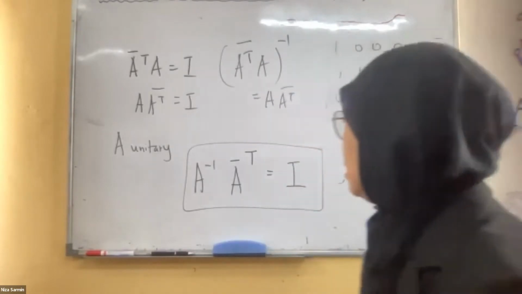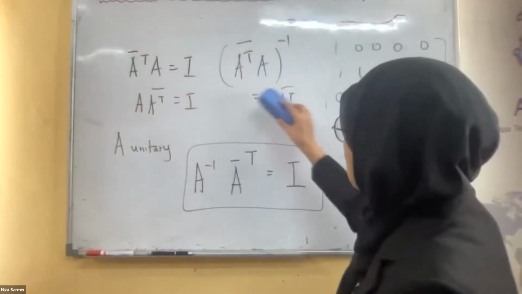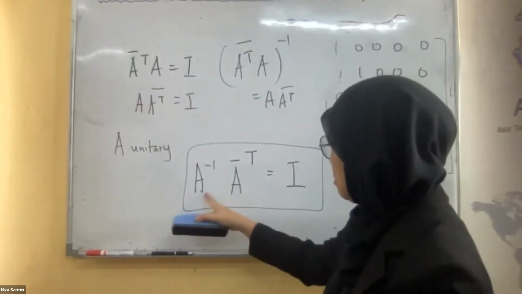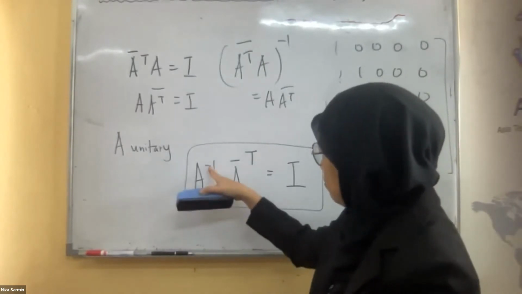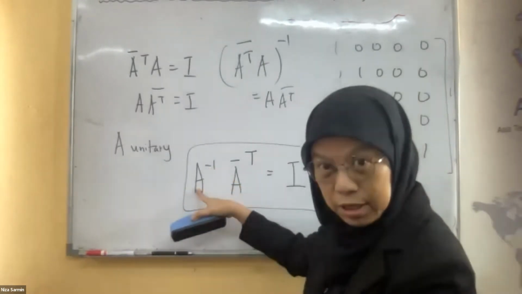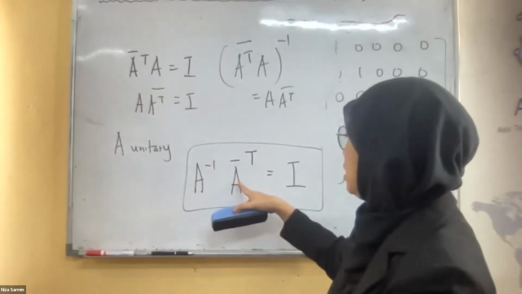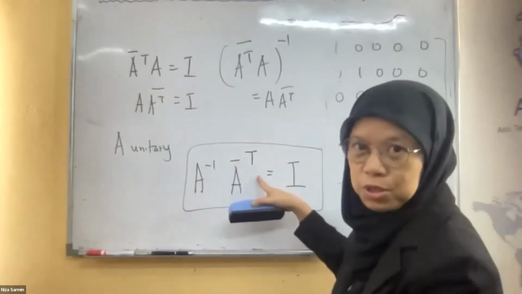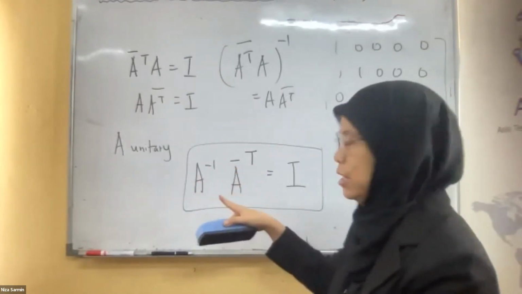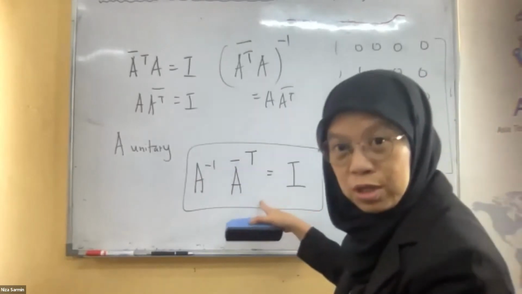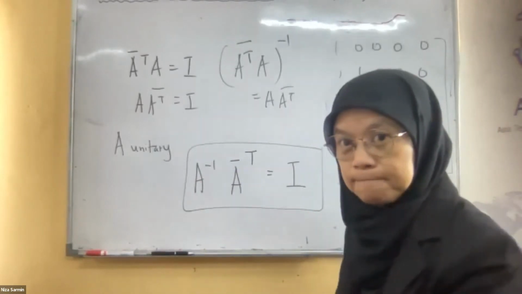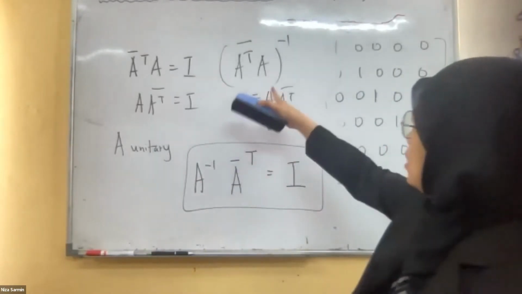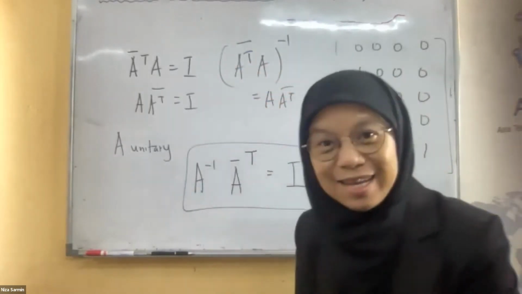Okay. So this one, the product of the inverse of the unitary matrix with the conjugate transpose. This is how you read the question, yeah? You have to show this is equal to identity. Okay? Not this one. This is the inverse of the product.